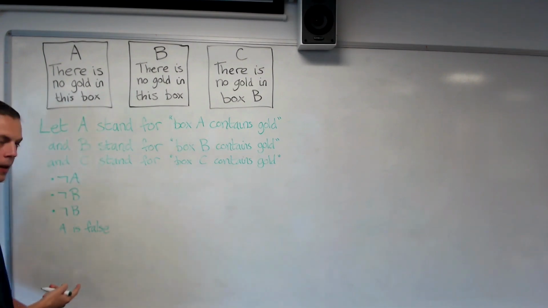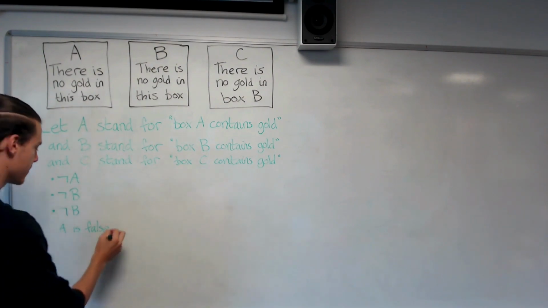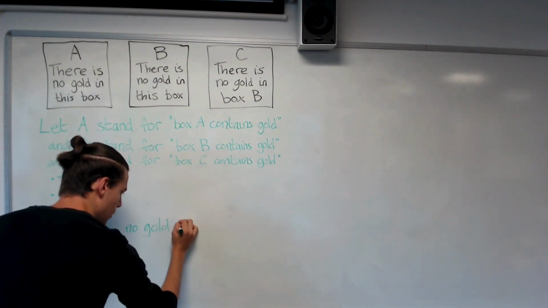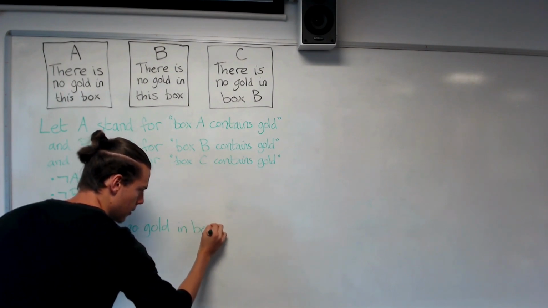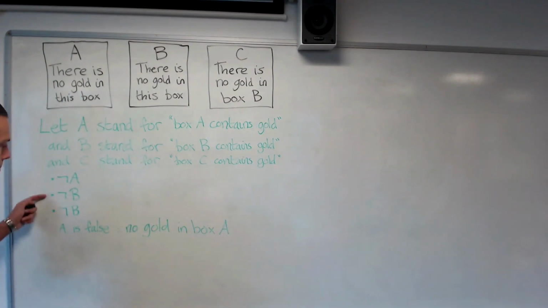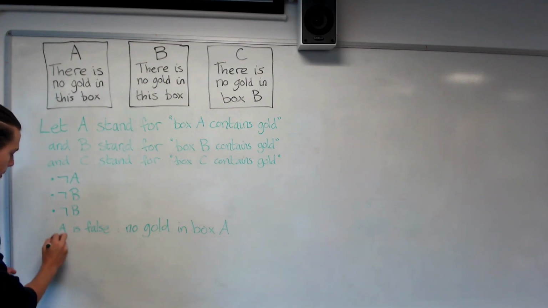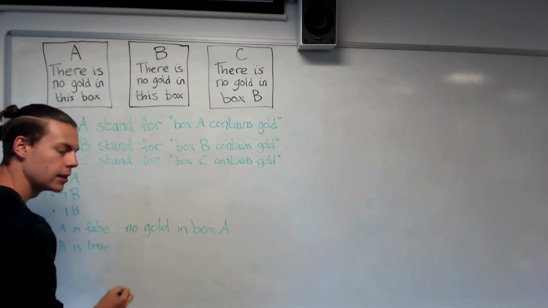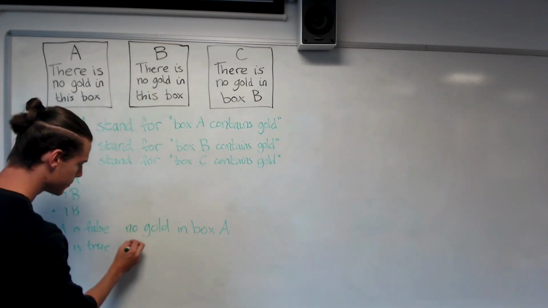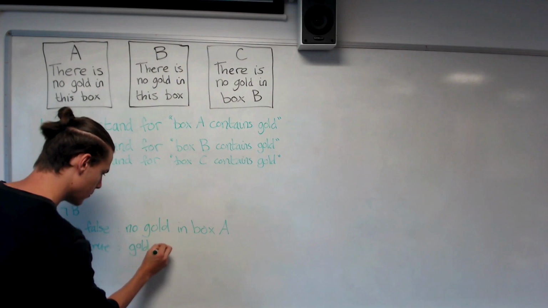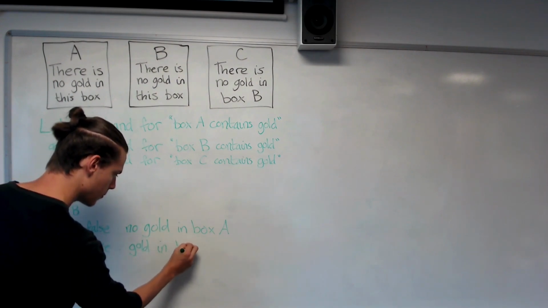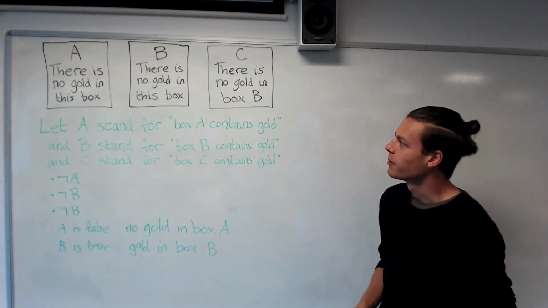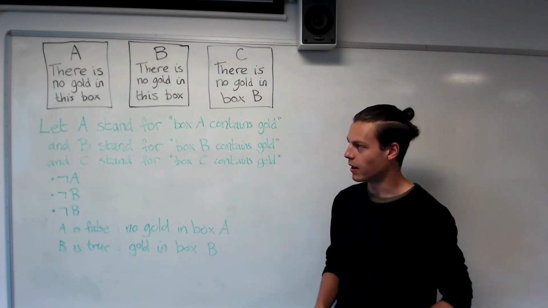A is false, and thus there is no gold in box A. Whereas B is true, so there is gold in box B. Now, there may or may not be gold in box C. We can't tell based on the three statements.